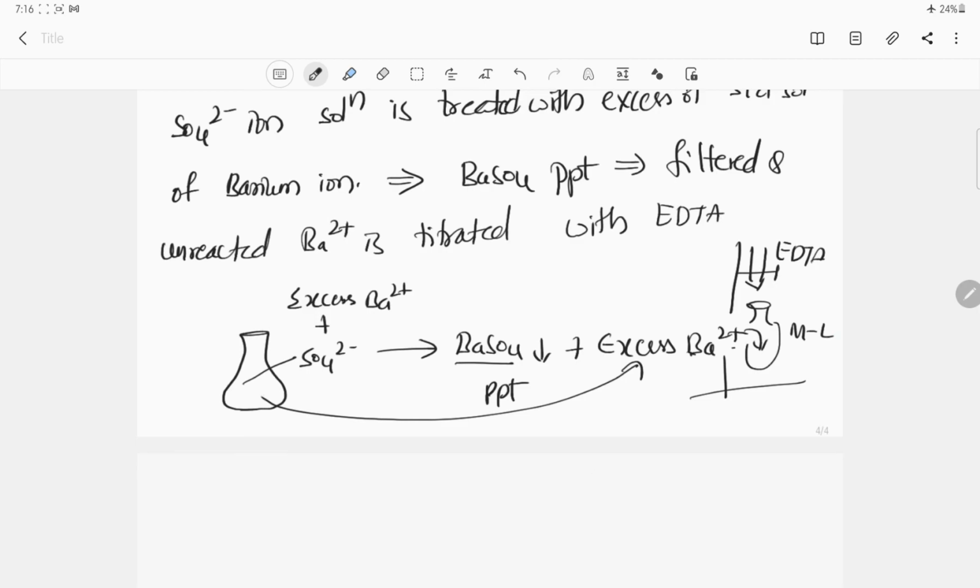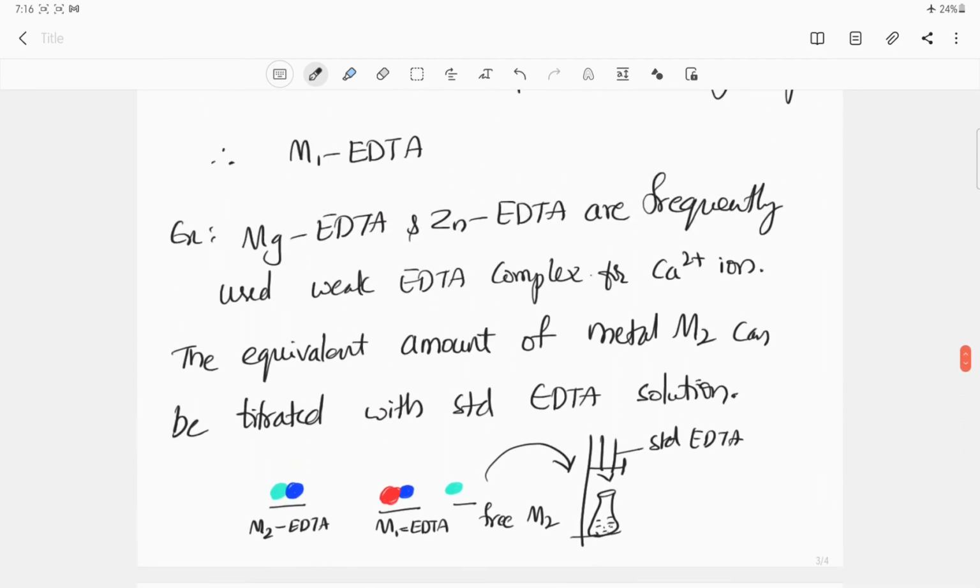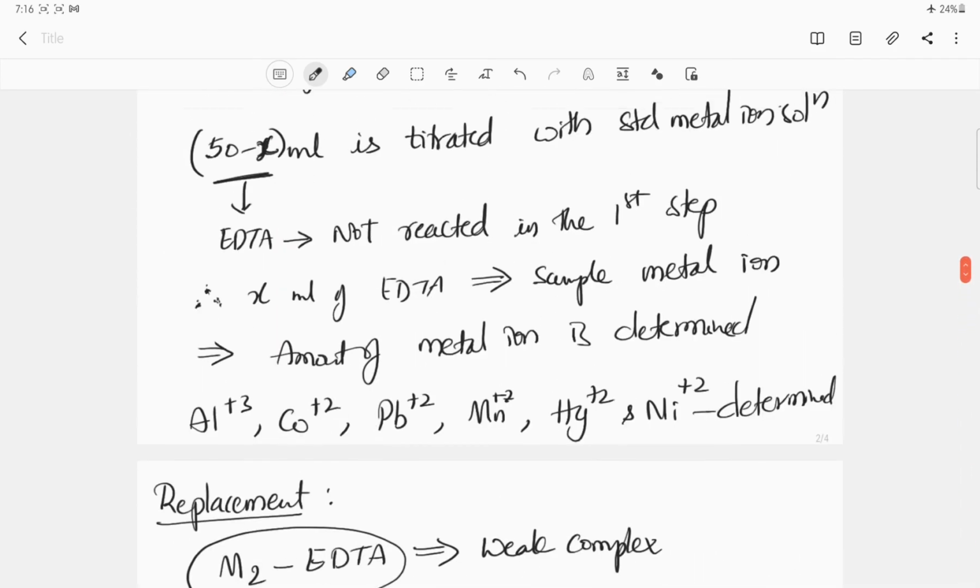Then you will note the burette volume, and you will calculate M1 V1 is equal to M2 V2. Then you can calculate whatever ions are present, means here sulfate. So this is about the classification of complexometric titration.